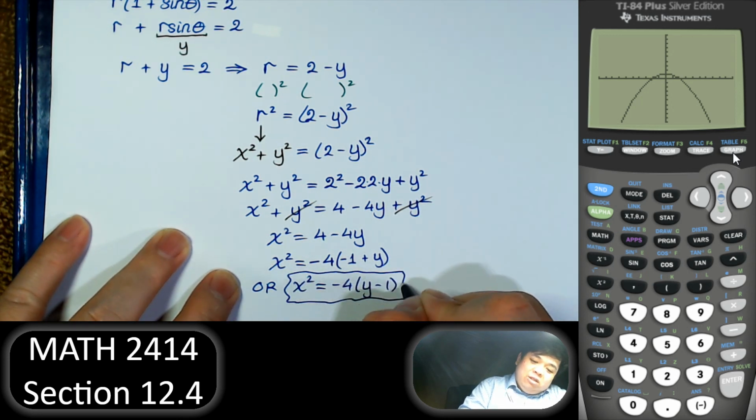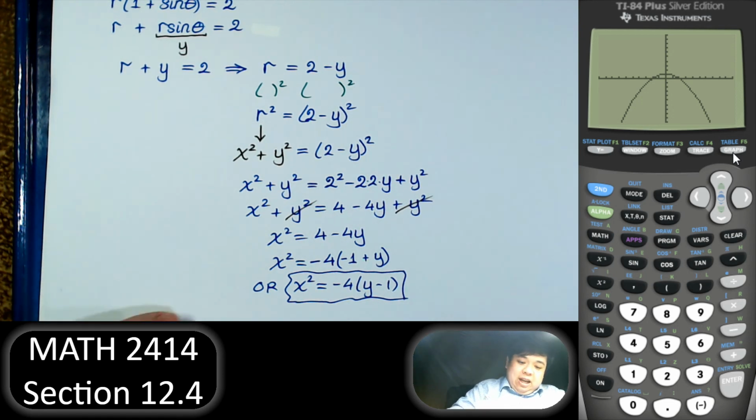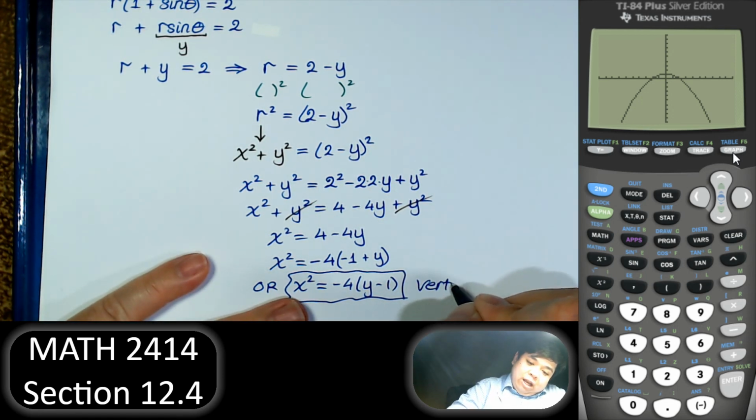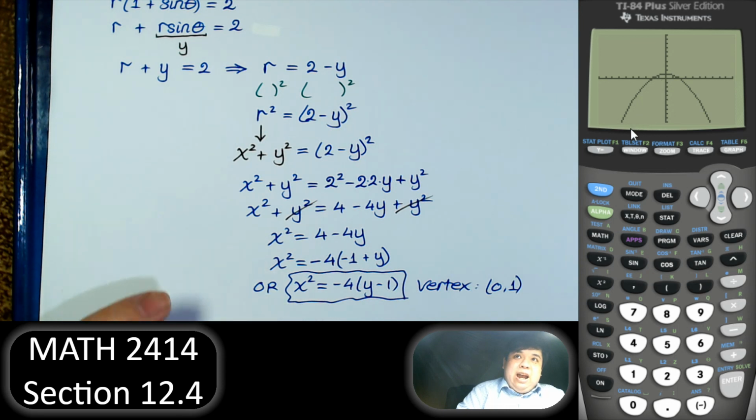So of course we see this form, which is a parabola that opens down, and the vertex will be at x equal to 0, y equal to 1. So we see on this parabola, the vertex is (0, 1). The focus will be at (0, 0).